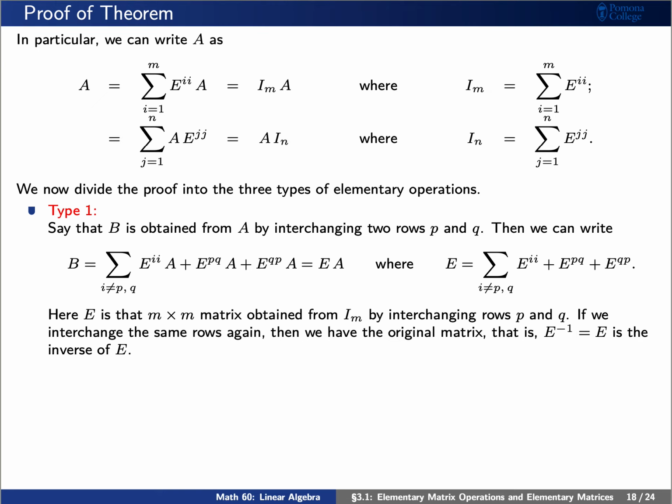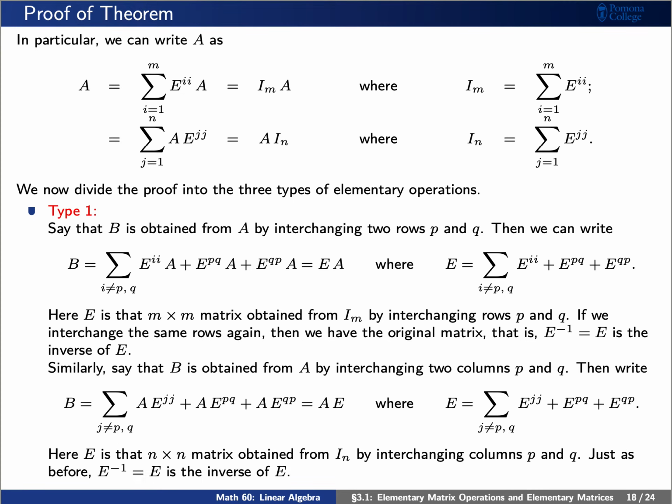This means that in order to undo a swapping of 2 rows, we just swap 2 rows again. This is the same as saying that the inverse of our elementary matrix E is just E. A similar argument explains what happens if you interchange 2 columns. All that we're doing is multiplying on the right instead.